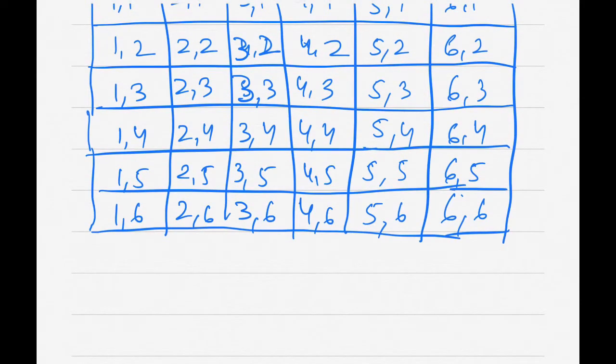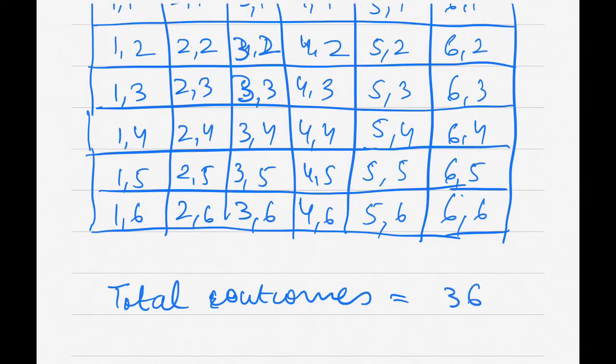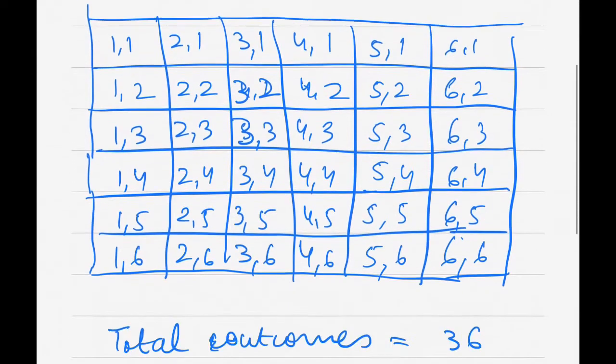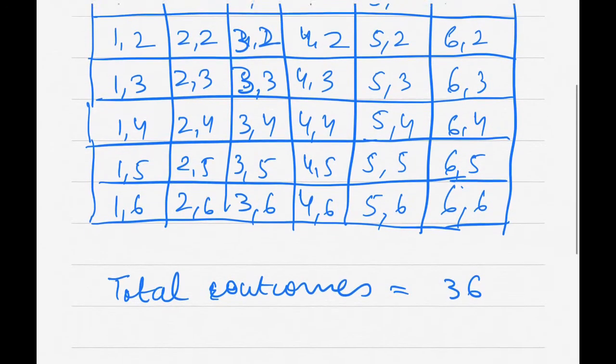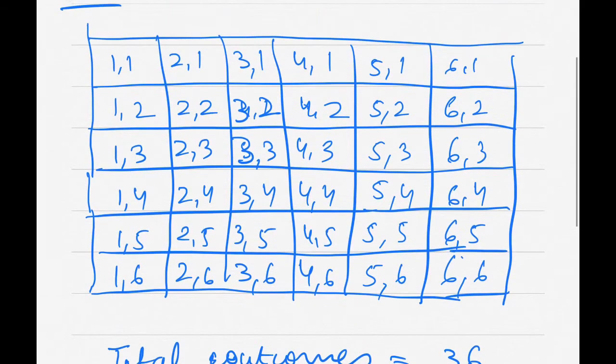So we can see the total outcomes are how much now? Total outcomes are 36, right? Now this is the question, but in a different question they can ask, like, if the same number is on the top: 1 1, 2 2, 3 3, 4 4, 5 5, 6 6.